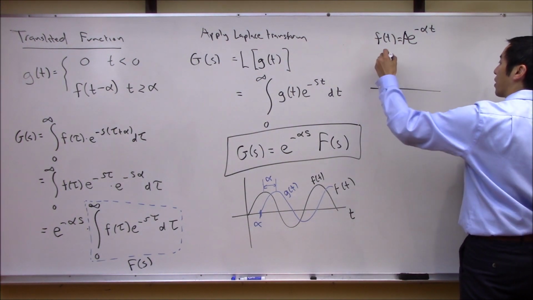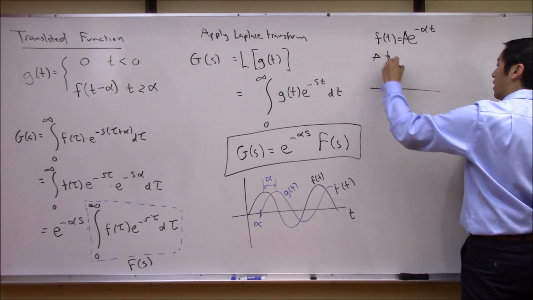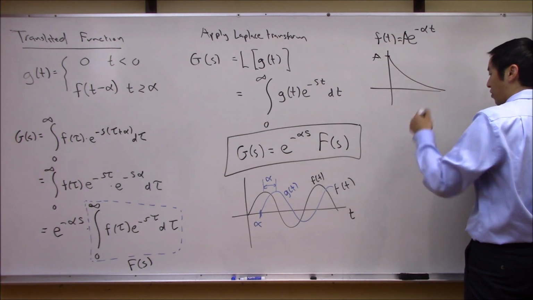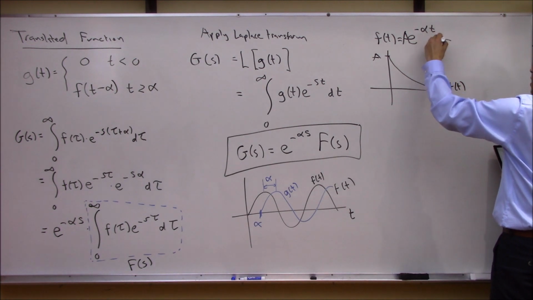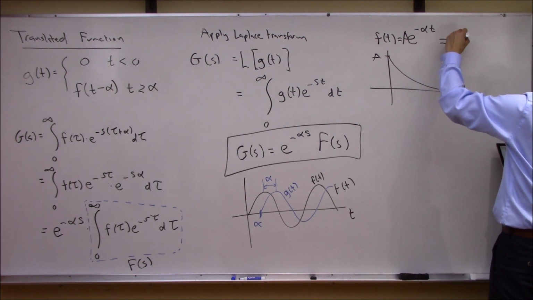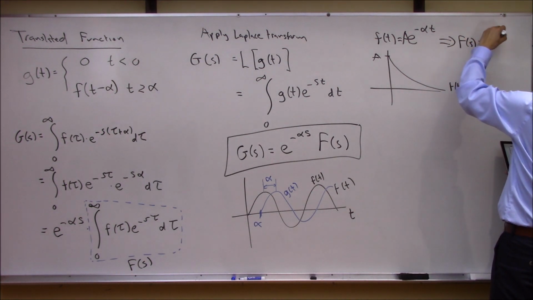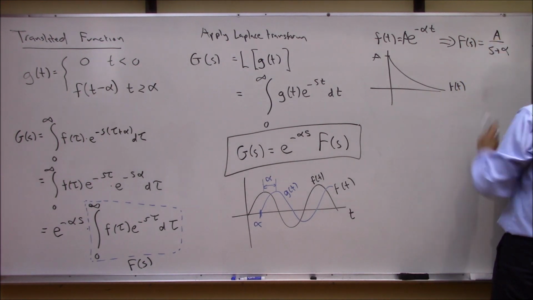It starts here at a and decays down, something like this. Here's f of t, and we know this thing's Laplace transform was A over s plus alpha.